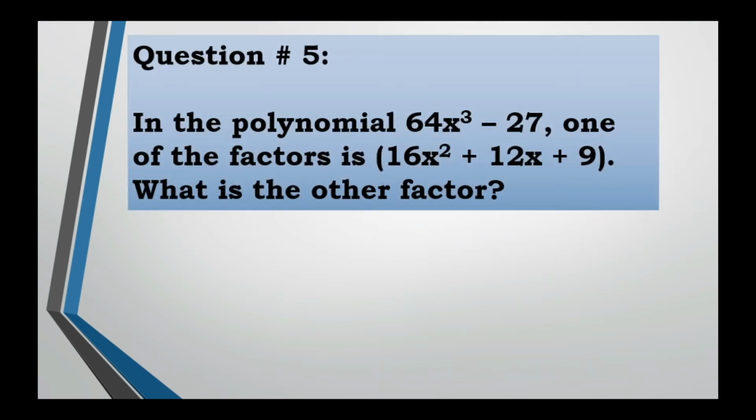Question number 5. In the polynomial 64x cubed minus 27, one of the factors is 16x squared plus 12x plus 9. What is the other factor?